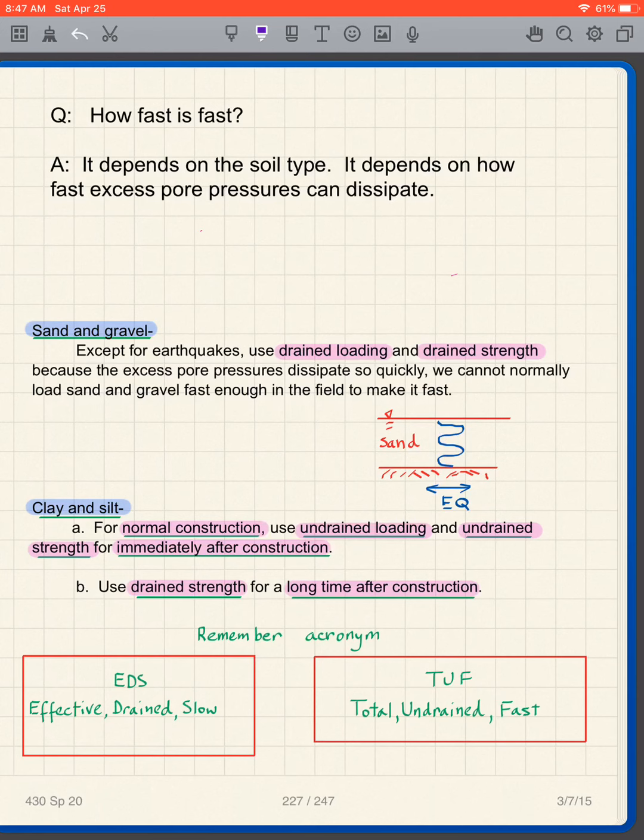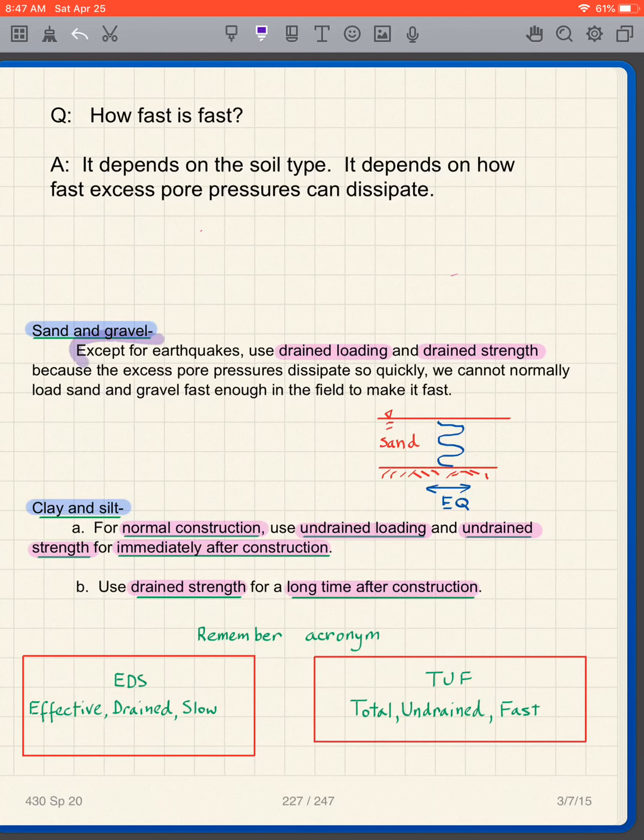So typically when we're looking at seismic waves, we will say that the sand or gravel could be loaded undrained, and we get excess pore pressures simply because the seismic waves have such a short cycle. We can't get full dissipation within 1 second in typical sand or gravel soil.